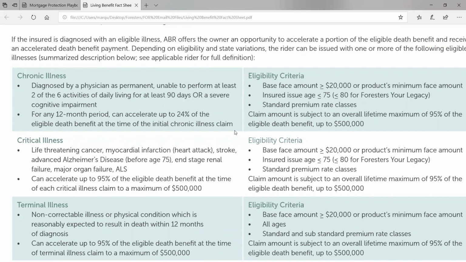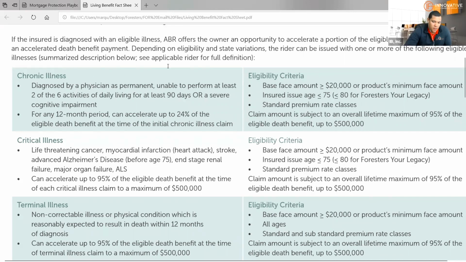Oh, interesting. Chronic illness is there too. They do 95% on that. Most of the companies are doing 24 to 80. Mutual of Omaha is 80% on their actual benefits. Casey Life is 80%. AMAM is 95, and the other one doesn't count because it's separate.